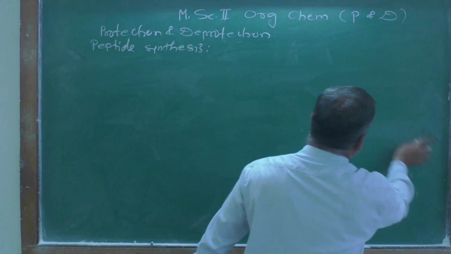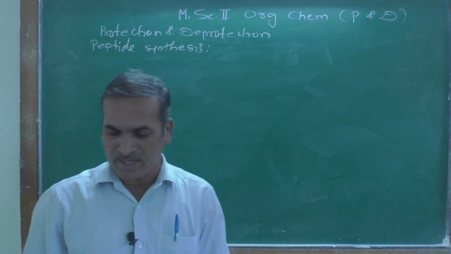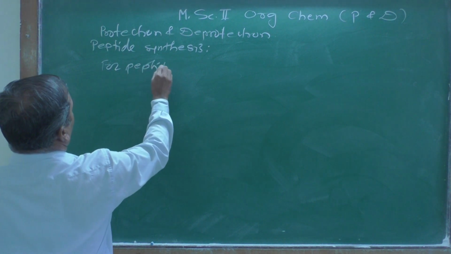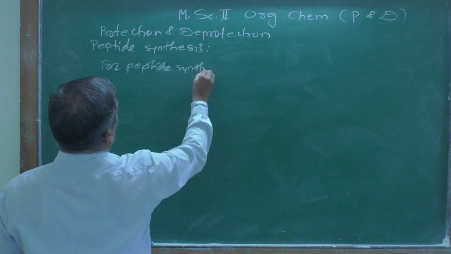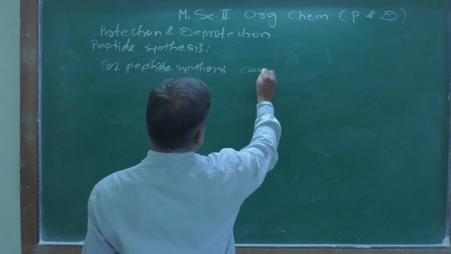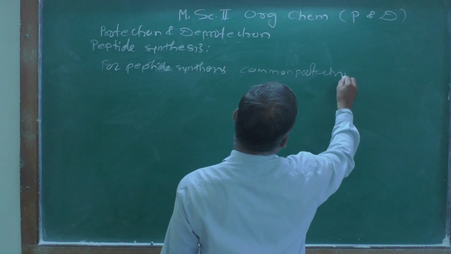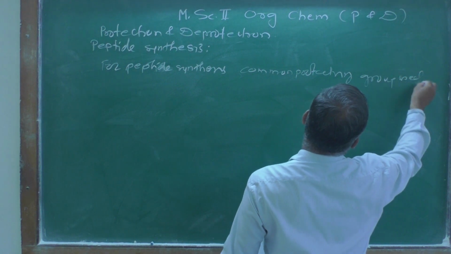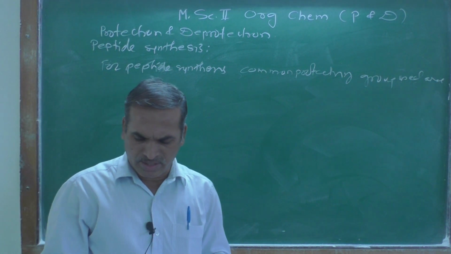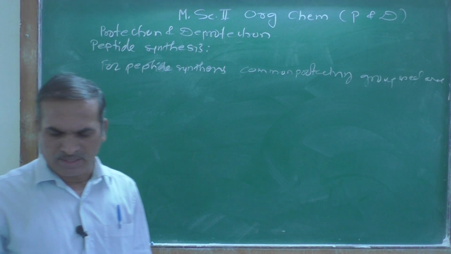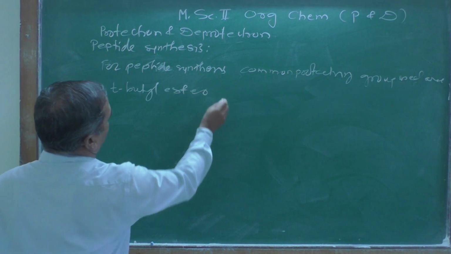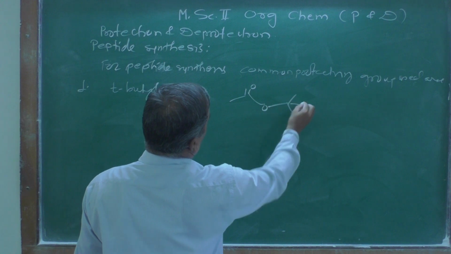So let's see how we can avoid this. For peptide synthesis, the common protecting groups used are, for example, the first one is the tertiary butyl ester.